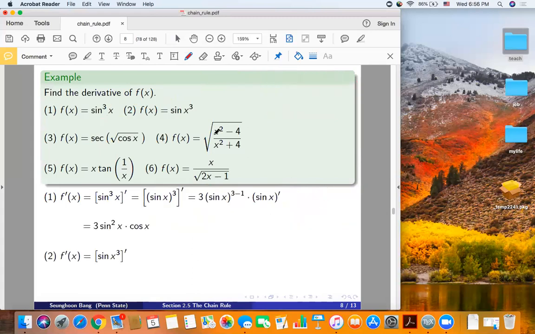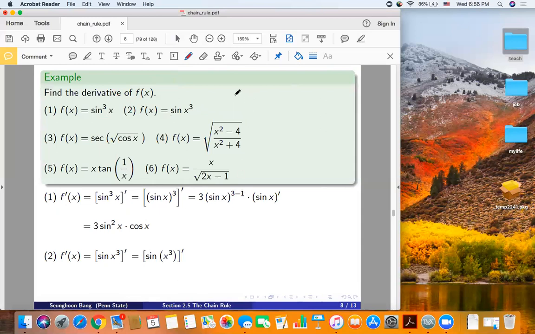The second one, what is sine of x cubed? Be really careful. Sine cube x is the same as sine of x, this whole thing cubed. What is sine x cubed? This is sine of x cubed. So really be careful. This is the next one, sine of x cubed prime.